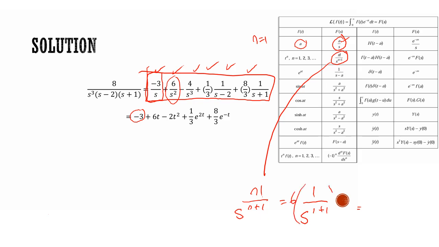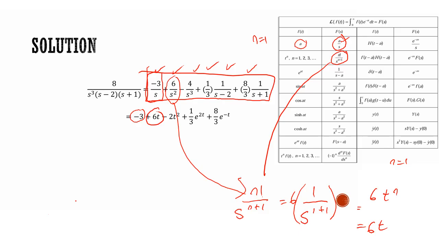So it will be similar to what is shown here. Here you can see that this will be converted to 6t, and since n equals 1, it is shown here as 6t.